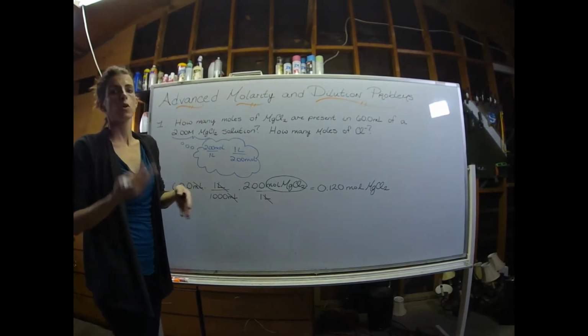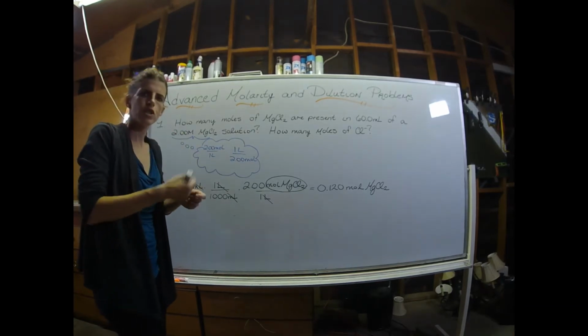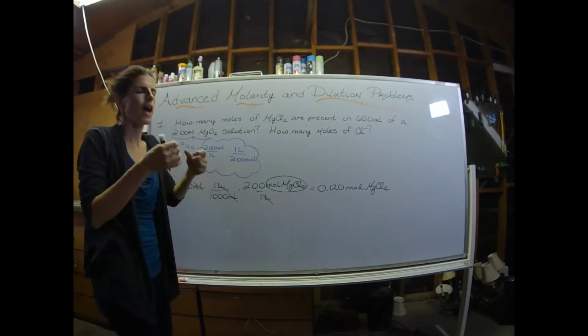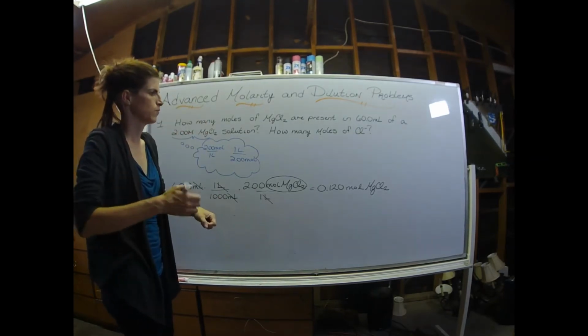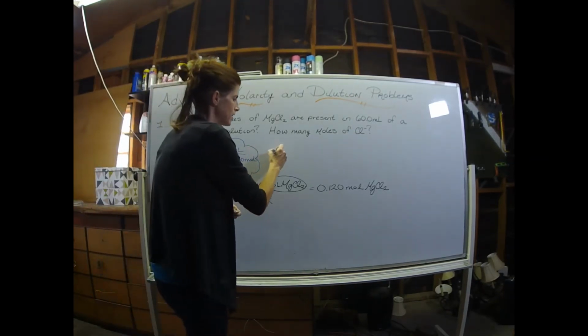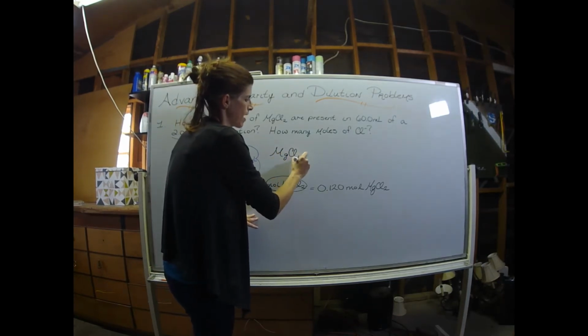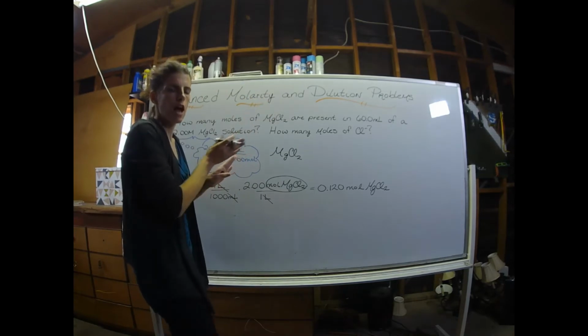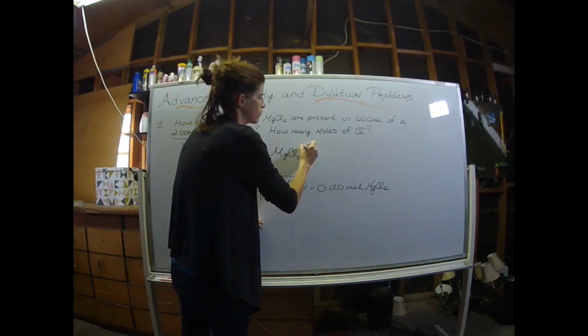The second part of the question is where it gets a little bit interesting. There's this assumption in the longer version of the problem that the magnesium chloride breaks apart completely. When magnesium chloride breaks apart, we expect 3 ions to form.